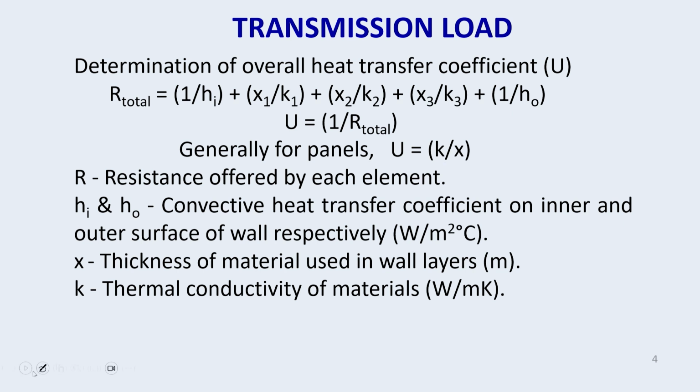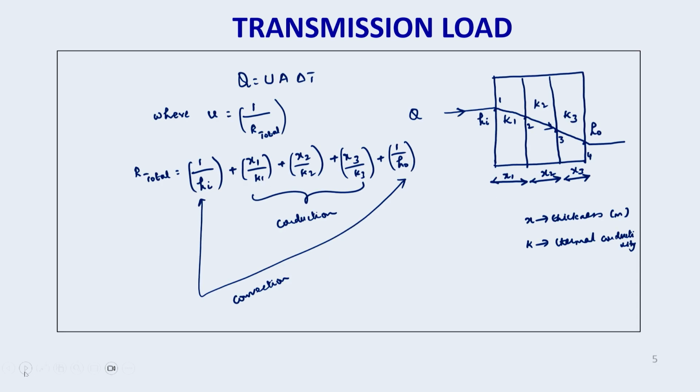So generally for panels, U is equal to K by X. That is, it is only this portion, R equals X by K, so if you take 1 by R, it will be the reciprocal, which is K by X.